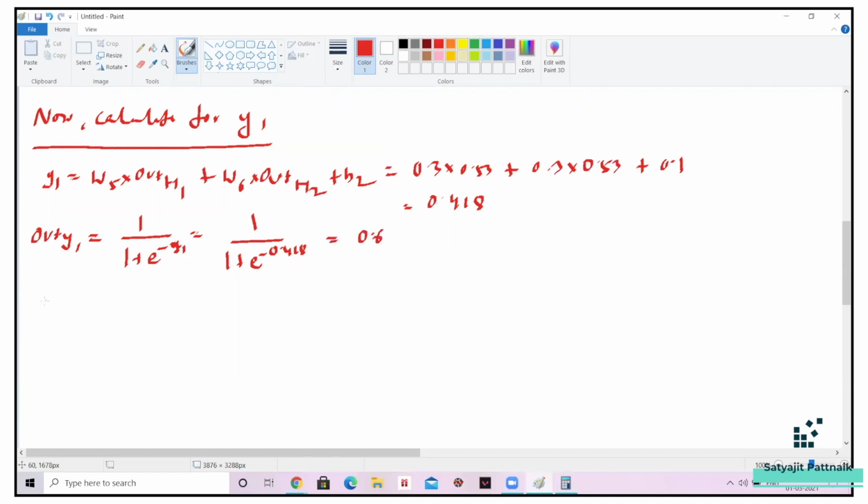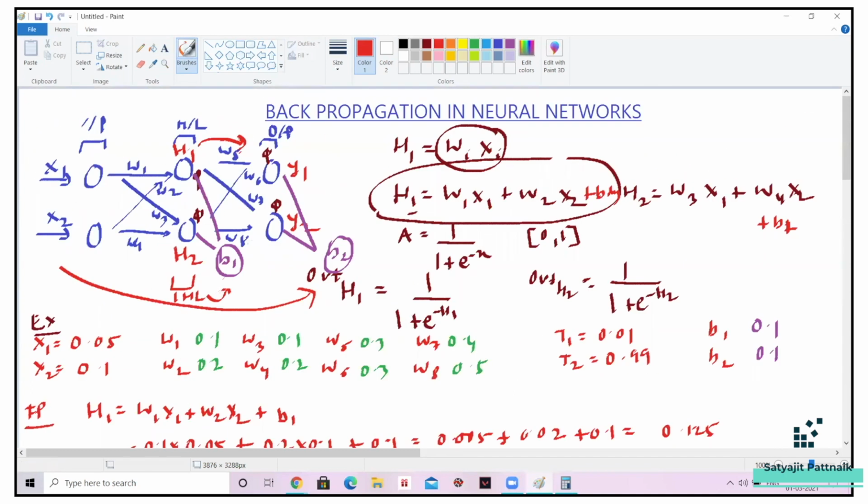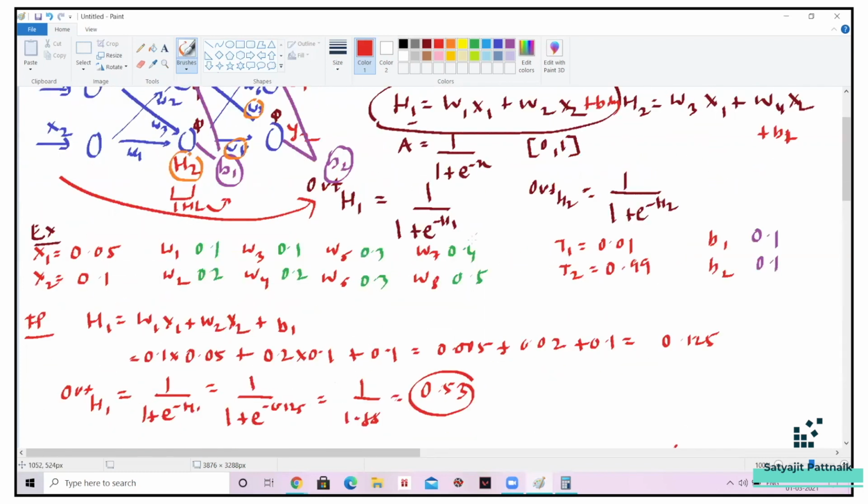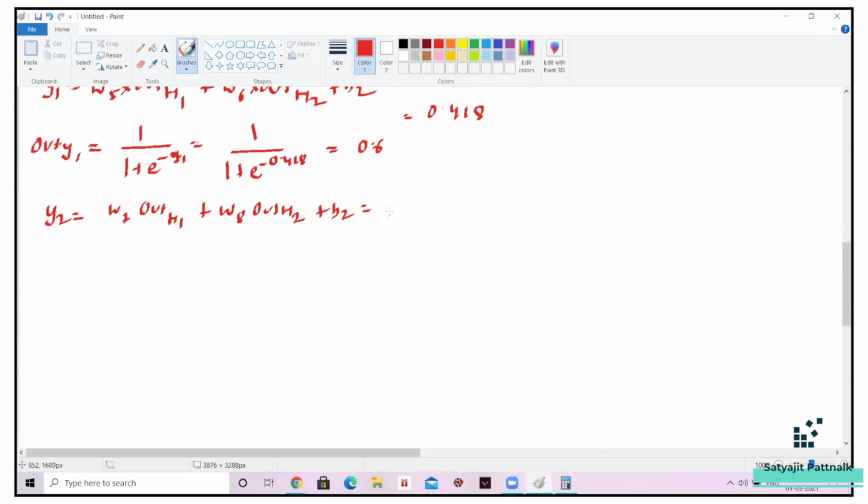Similarly, we'll also calculate Y2. Let's look at the diagram. Y2 is nothing but W7 multiplied with the output of H1 plus W8 multiplied with the output of H2 plus B2. I'll just write it down. What is W7? W7 is 0.4, and W8 is 0.5. So 0.4 into the output of H1, plus 0.5 into the output of H2, plus 0.1.